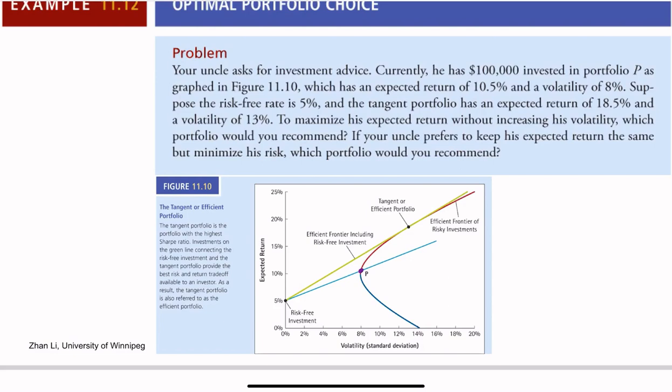Suppose the risk-free rate is 5% and the tangent portfolio has an expected return of 18.5% and a volatility of 13%. To maximize his expected return without increasing his volatility, which portfolio would you recommend? If your uncle preferred to keep his expected return the same, but reduce his volatility, which portfolio would you recommend?